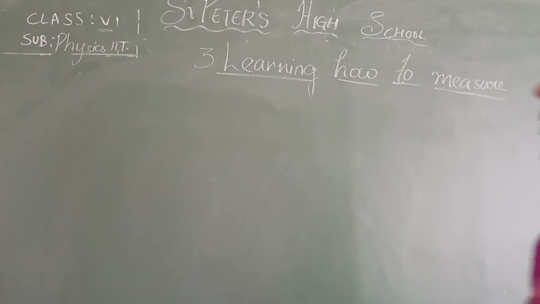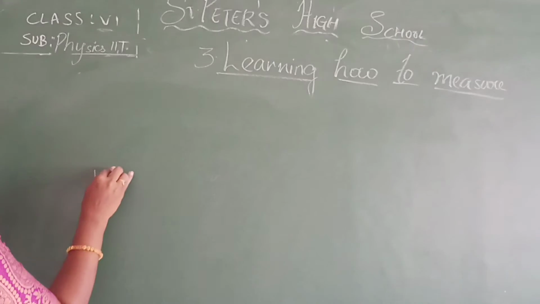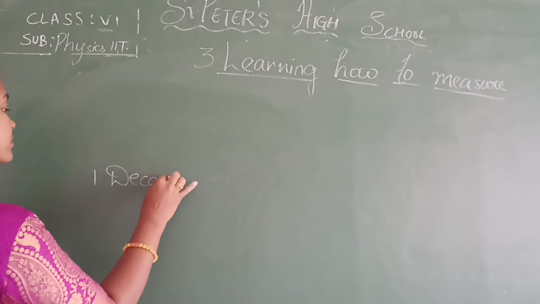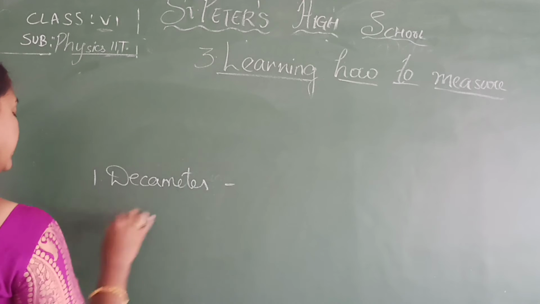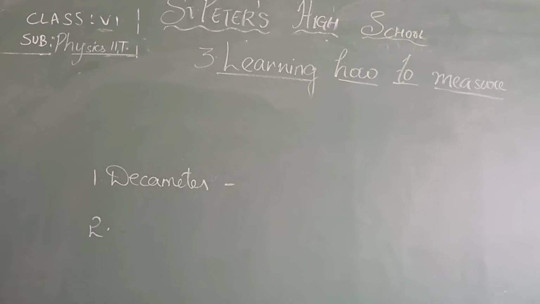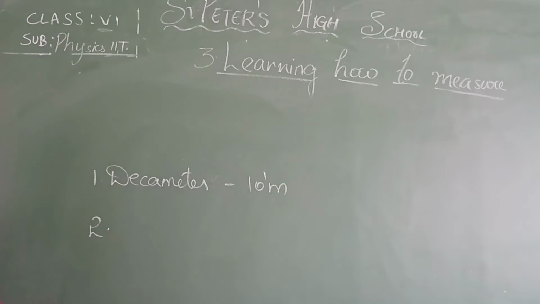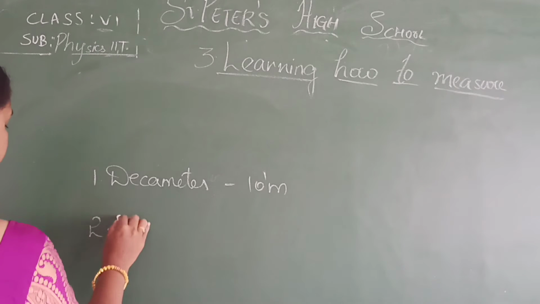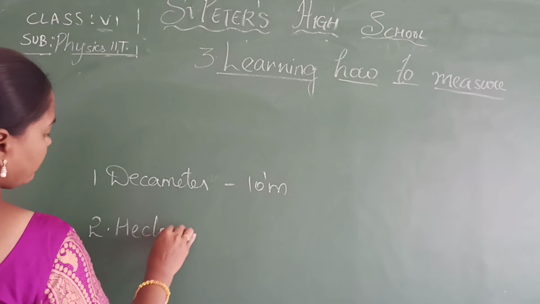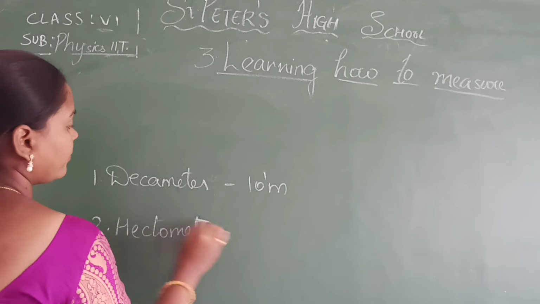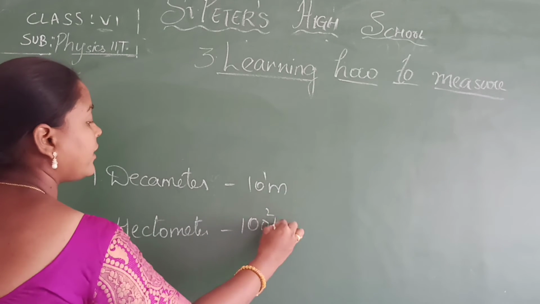So first one is decameter. Decameter is nothing but 10 meters. And next is hectometer. It is 100 meters.